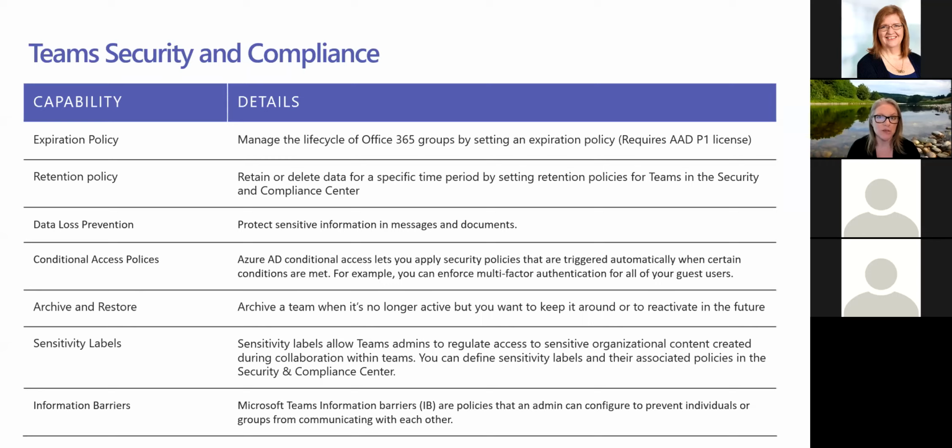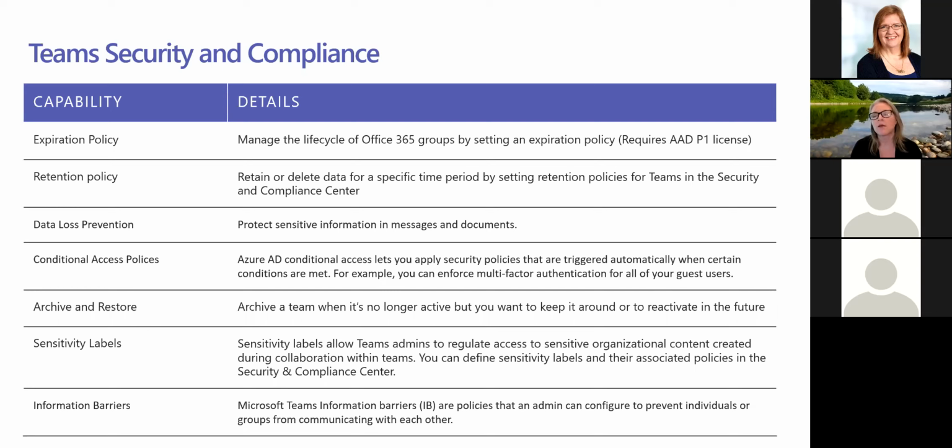We have retention, channel retention, as well as file retention. Of course, we can put DLP all over everything. Conditional access, enforcing MFA if you have a guest coming in. Let's restrict the risk and reduce any type of data breach by putting as many layers as we can. You can also archive a team, restore it if you need to, and add some sensitivity labels.